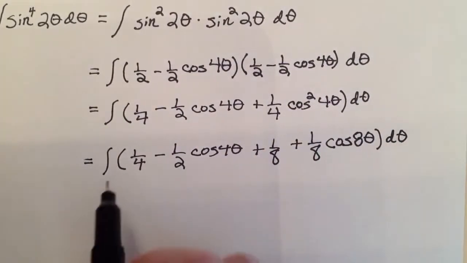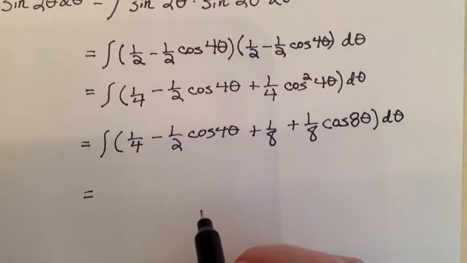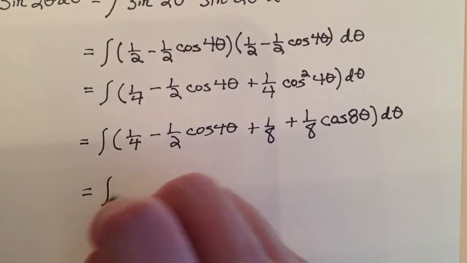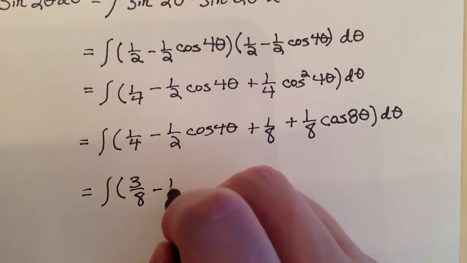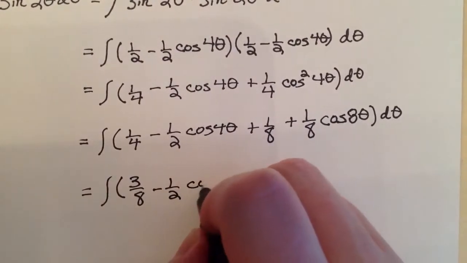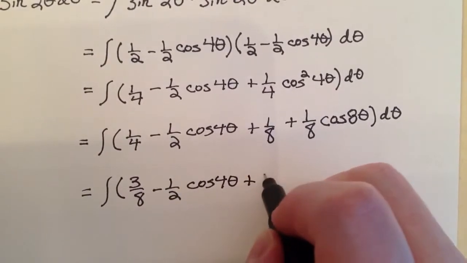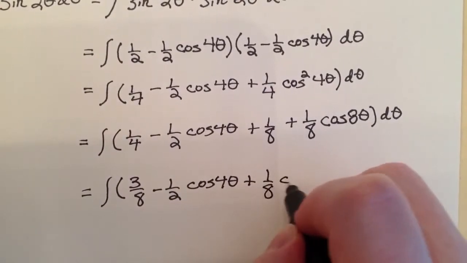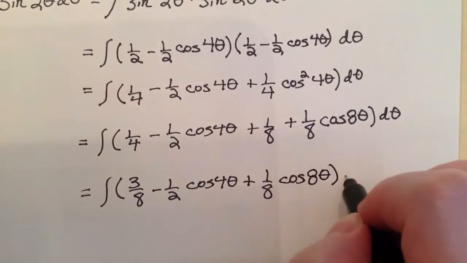Okay, and so we have like terms with the constants 1/4 and 1/8. So this will lead up to 3/8 minus 1/2 of the cosine of 4 theta. Again, we have plus 1/8 of the cosine of 8 theta.